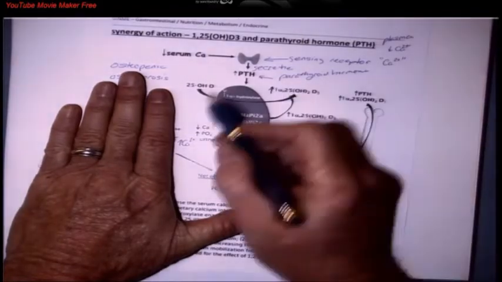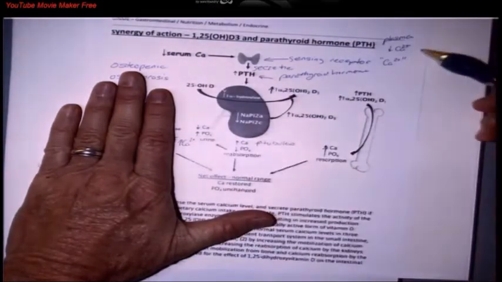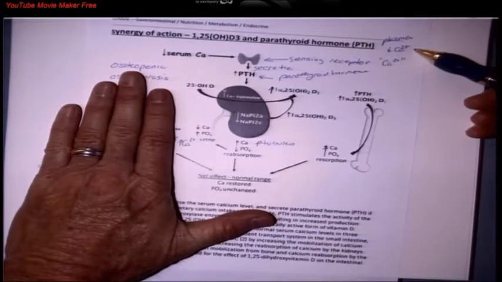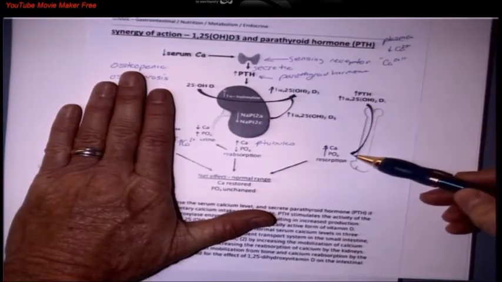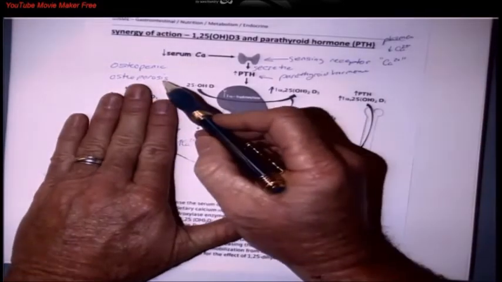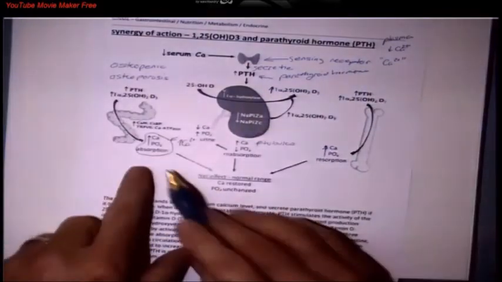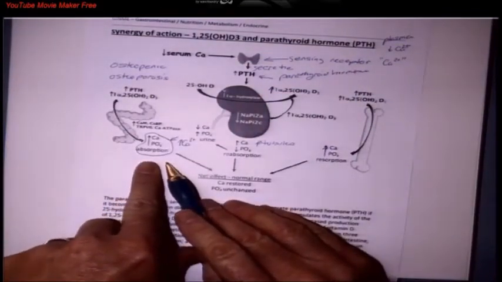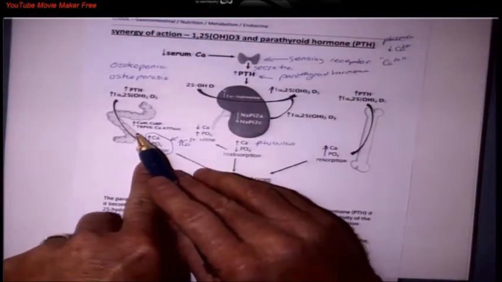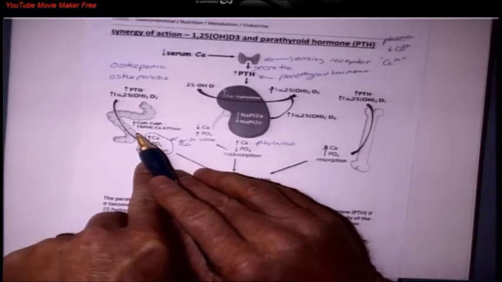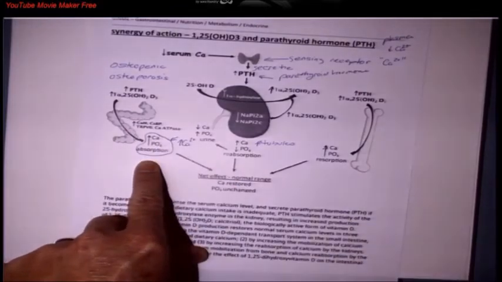The whole reason for this is simply to control plasma calcium. This is actually counterproductive. You're actually increasing bone resorption, worsening the problem. So the vitamin D, what you're trying to do is increase the calcium absorption in the small intestine, increasing plasma calcium.